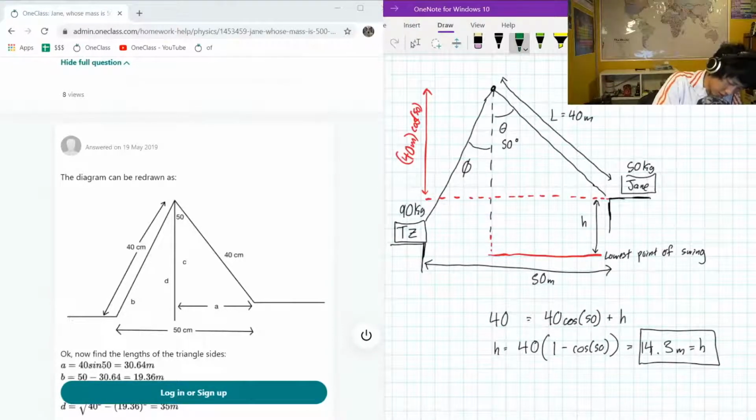Okay, so this height here, let's call this HT, height of Tarzan. So height of Tarzan is going to be L minus cos phi times L.